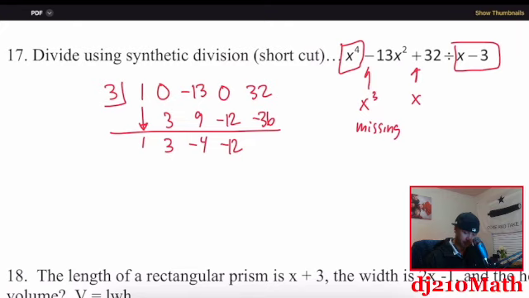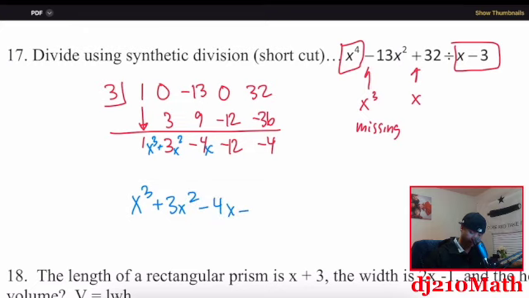Which is negative 4. Okay. It was x to the 4th as the leading term. So the result is always 1 less. So the answer, x cubed plus 3x squared minus 4x minus 12. But what's up with this negative 4? That's the remainder. Negative 4 over x minus 3. You could write it like this. So you might need to watch that a couple times.